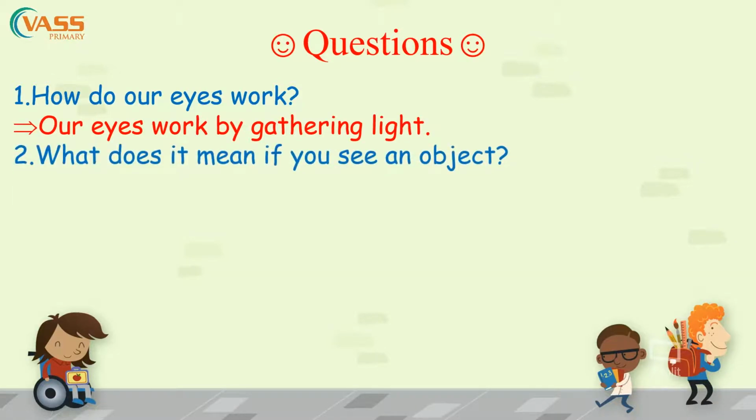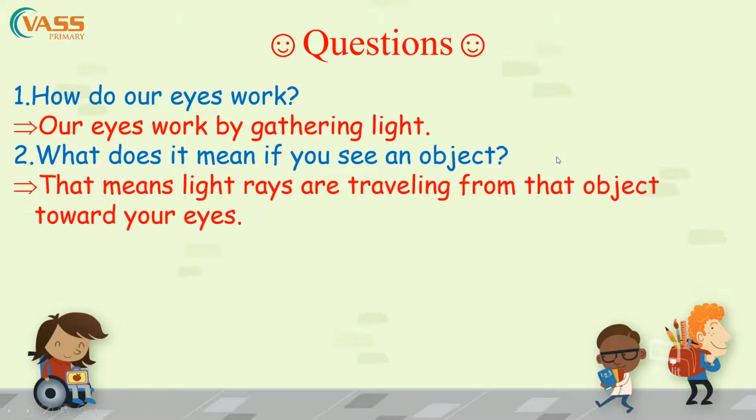Number 2. What does it mean if you see an object? You found it. That means light rays are traveling from that object towards your eyes.